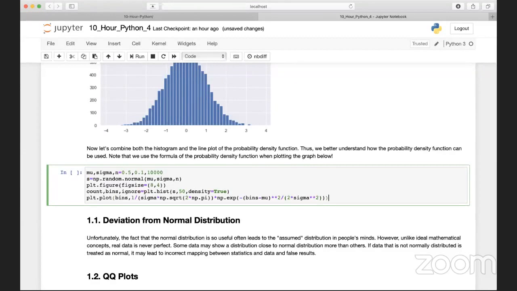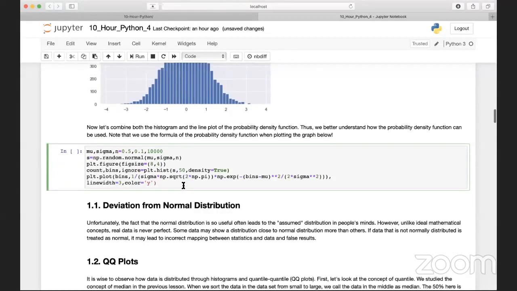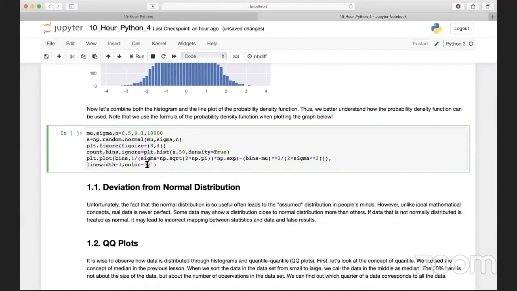Okay. Comma, line width equal to 3, color, let's say y. Okay. So yellow. This is yellow color.